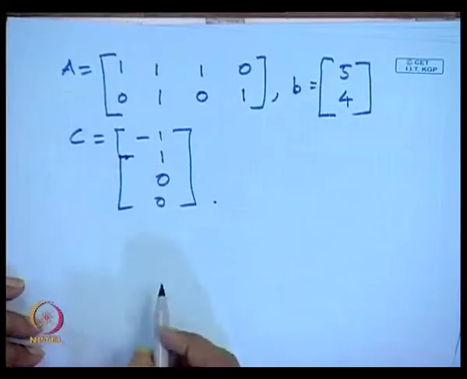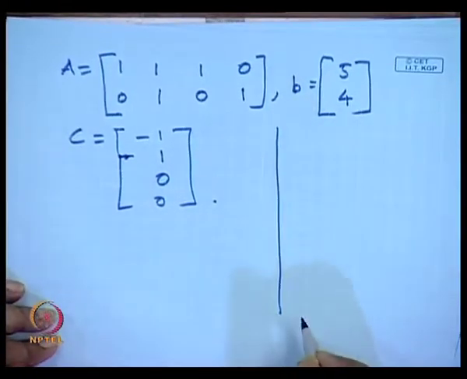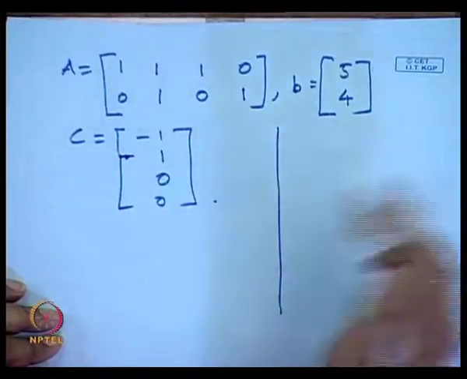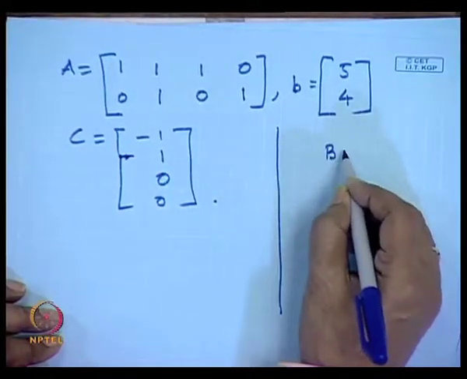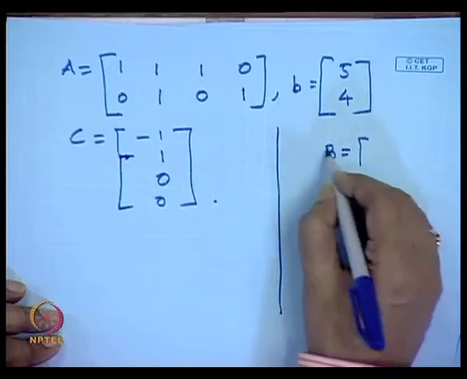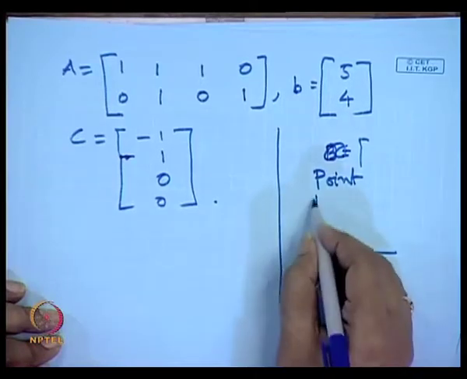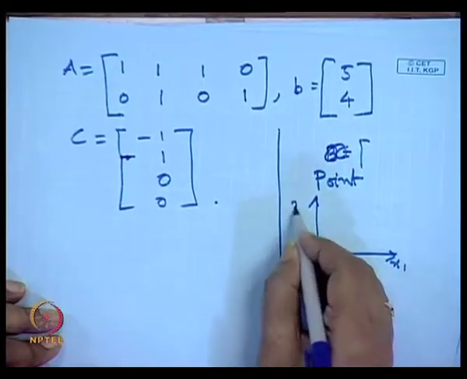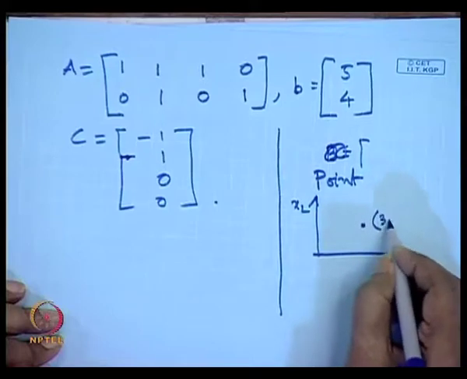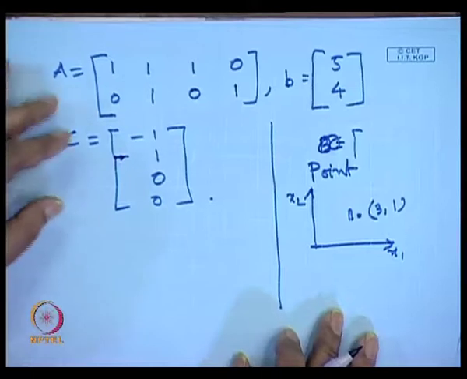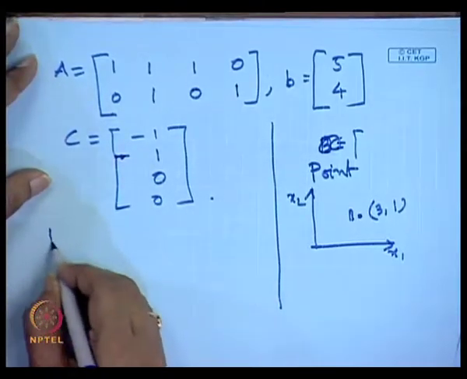Our basic step, if you recollect, is first what our initial coordinates were. If you see the earlier problem, we considered the point B, with coordinates in x1 and x2 of the original problem. B coordinates were 3, 1, and it is off center.